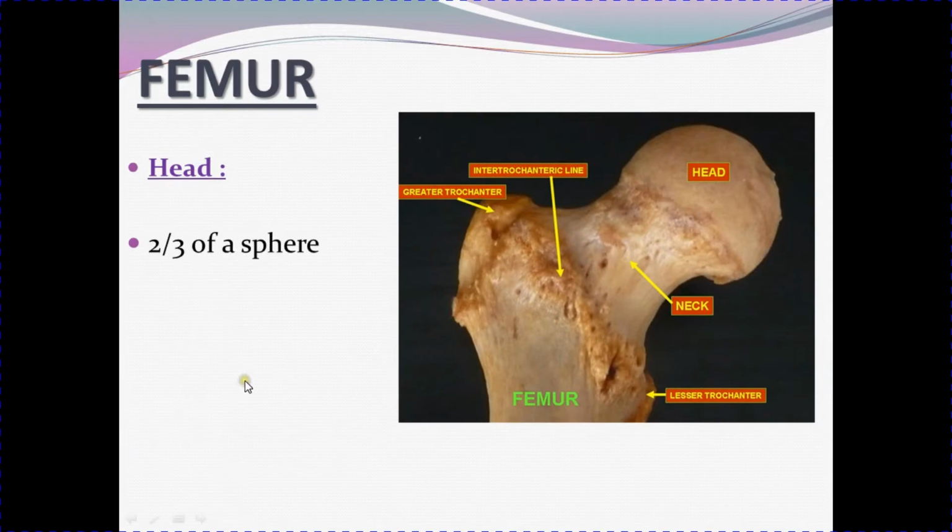The head of the femur forms two-thirds of a sphere. You can see over here that the head of the femur forms two-thirds of a sphere.